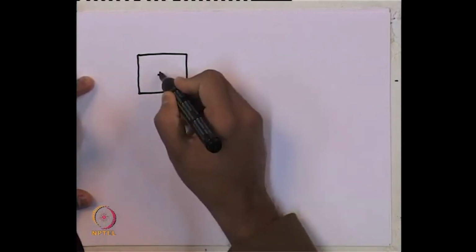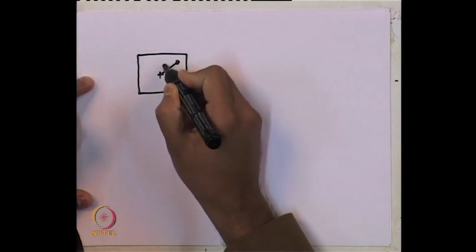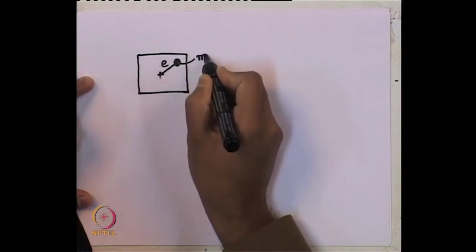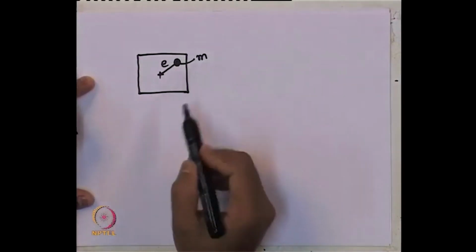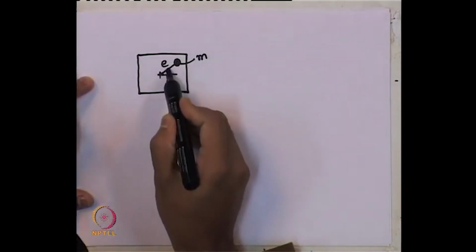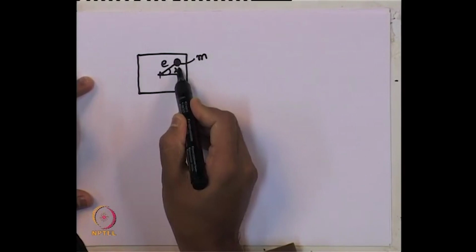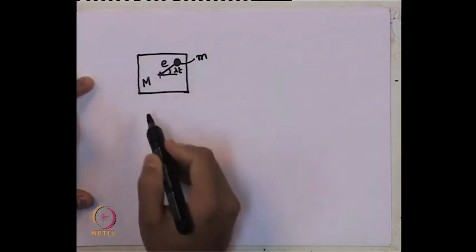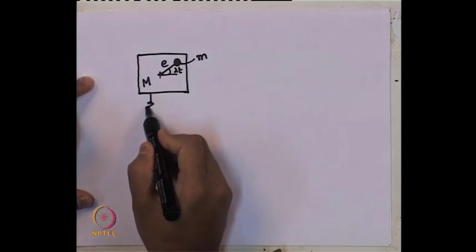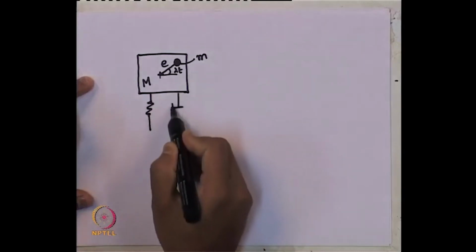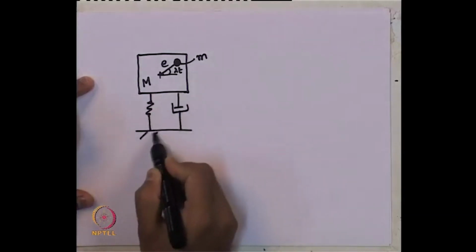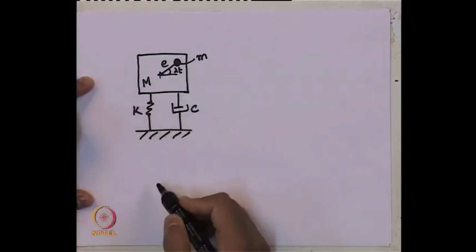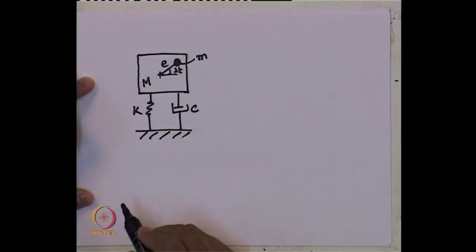So, I am considering a system which is having a rotating mass of small m, and this is lambda t, E is the eccentricity and capital M is the mass of the total system. This is stiffness K, this is damping C.